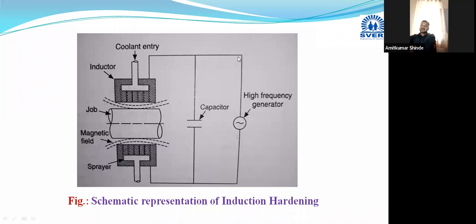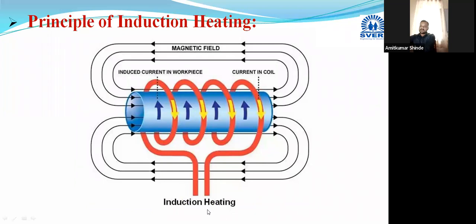It will generate high frequency alternating current, and it will be passed through the inductor coils, and due to this, a high frequency alternating magnetic field is generated here.